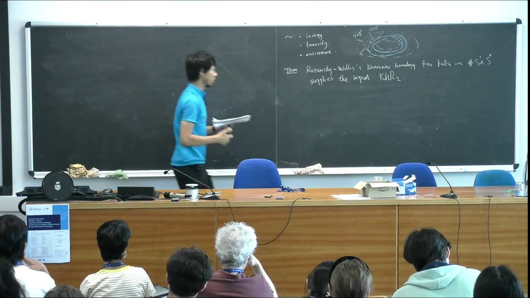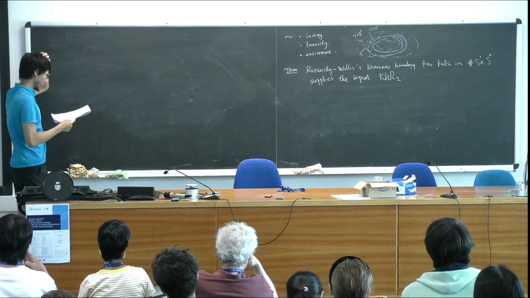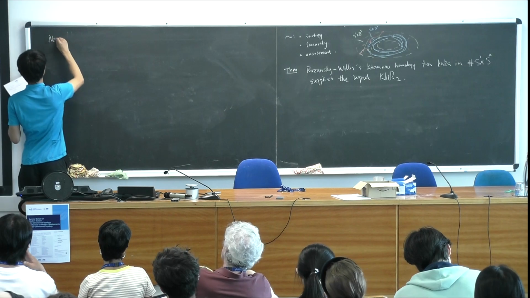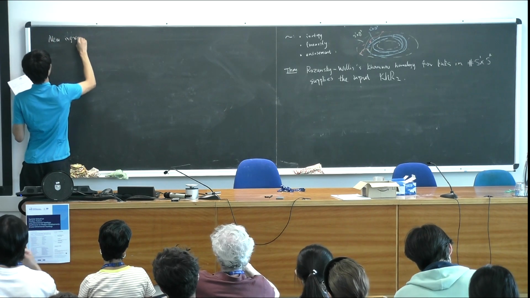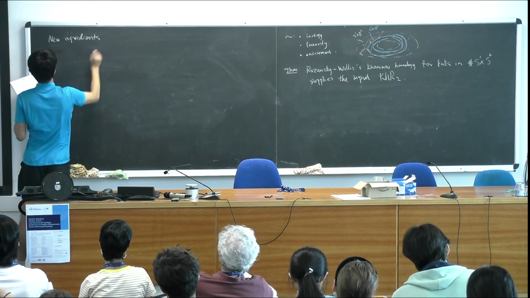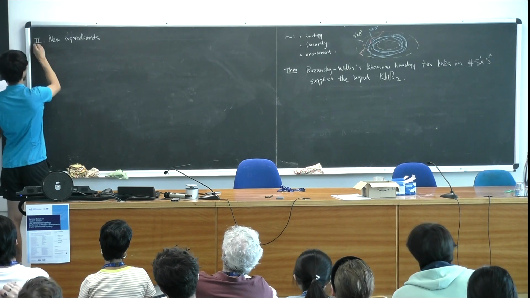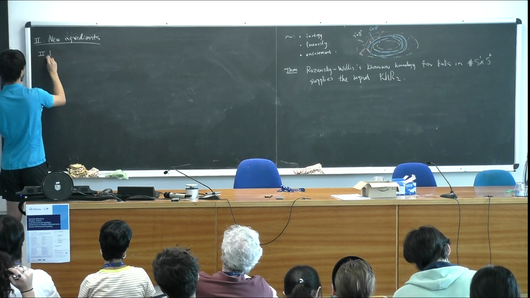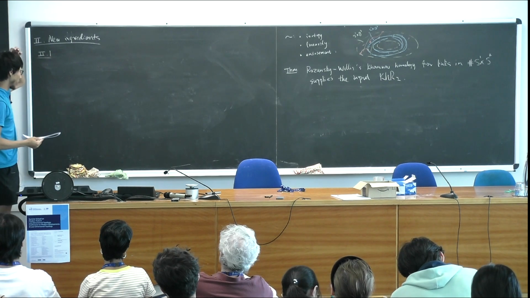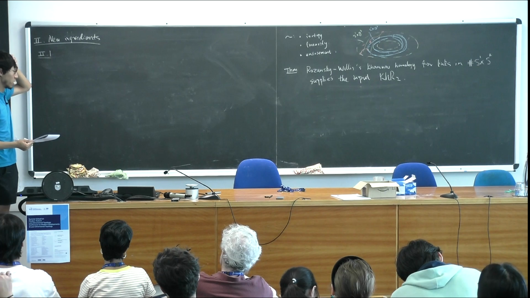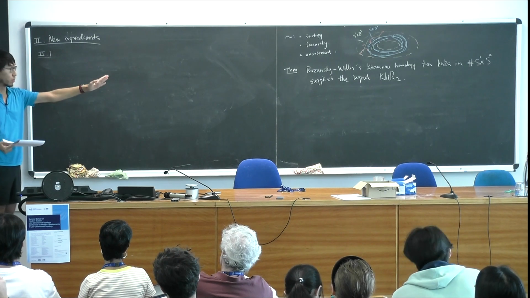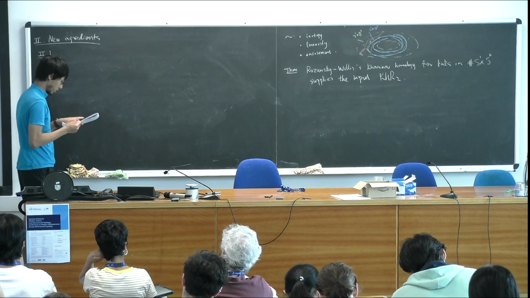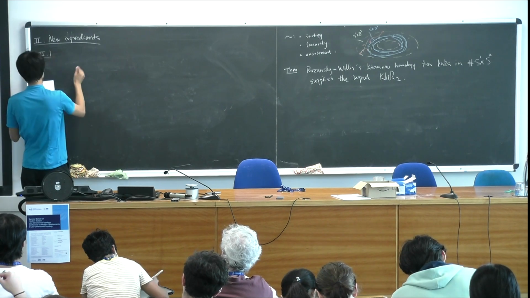Okay, so let's get into the second part of the talk, which is some new ingredients of the proof. Maybe I forgot to label. This is part 2. I should say at this point that it might not be immediately clear that what I'm going to say has anything to do with what I was describing over there. But let's talk about some of the ingredients.